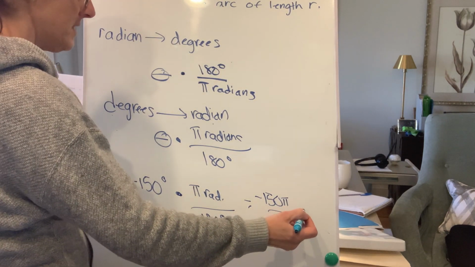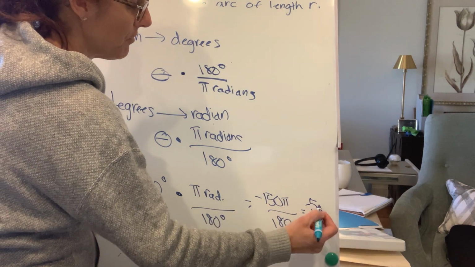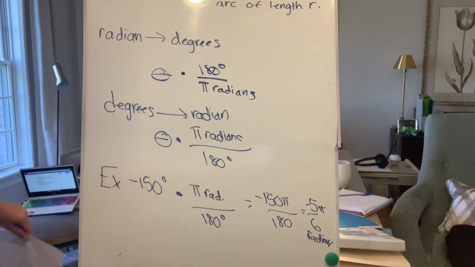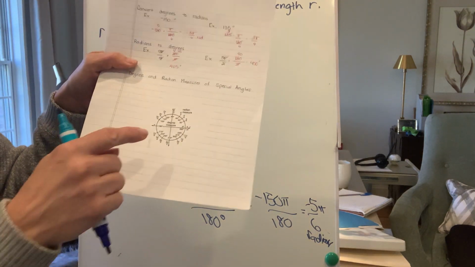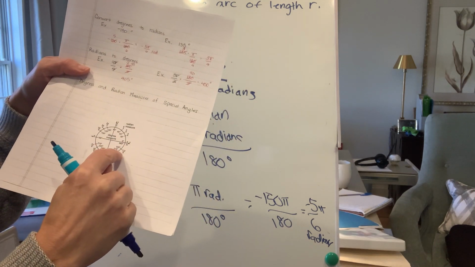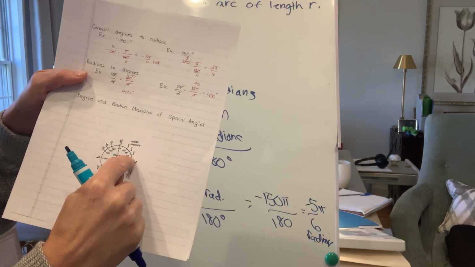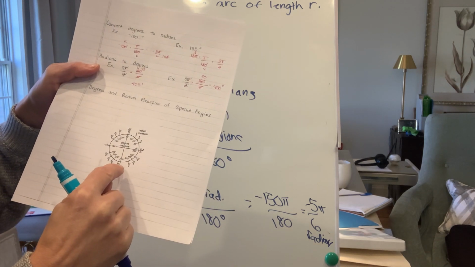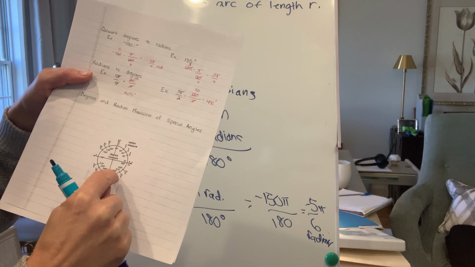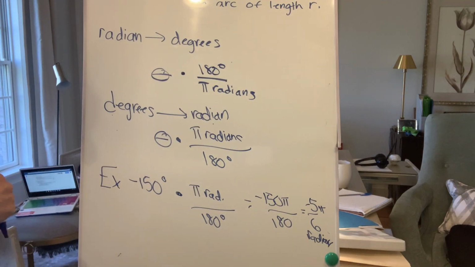If I simplify that down, I get negative 5 pi over 6 radians. Again, if you look at this chart, if we go negative 150, we're going negative 90 and negative 60. So we go negative 1/6, 2/6, 3/6, 4/6, 5/6.